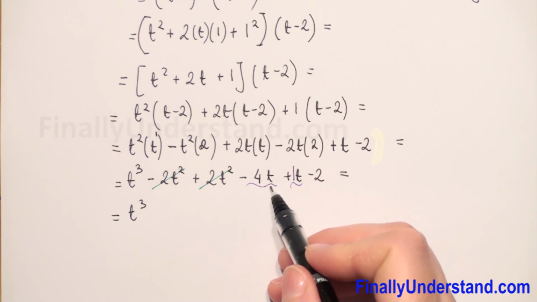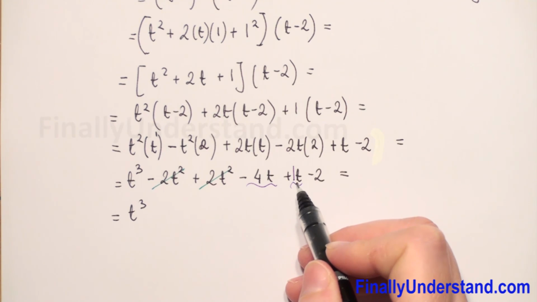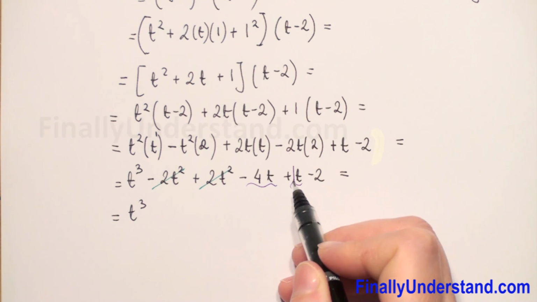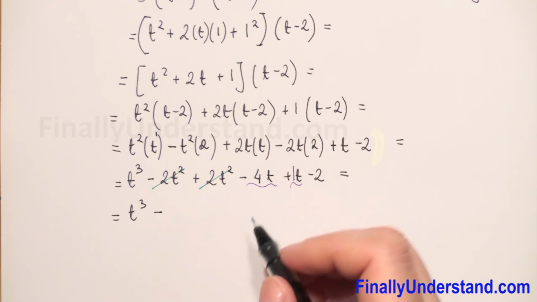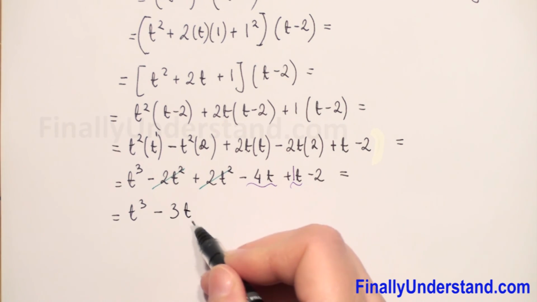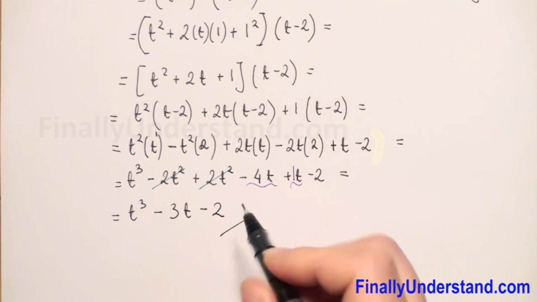Next we have negative 4t and positive 1t. So we have like terms. We keep the sign of the larger number. 4 is greater than 1, so it will be negative, and 4 minus 1 is 3. t we have to rewrite, minus 2. This is my solution.